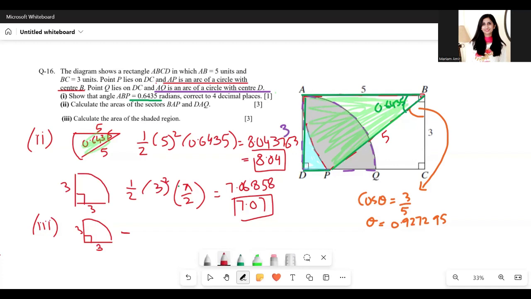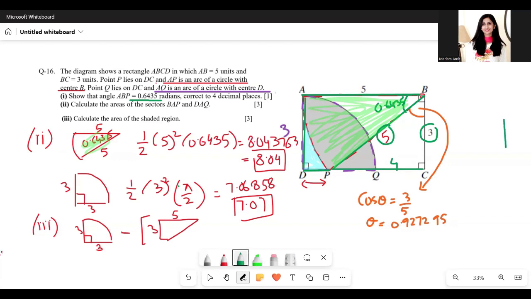So what we'll be doing here is finding the area of this trapezium. This side is 3, this side is 5. We need this side of the trapezium. And how do we calculate that? That's easy. This side is 3, sorry, that's 5, that's 3. So you may apply Pythagoras theorem here and get 4.